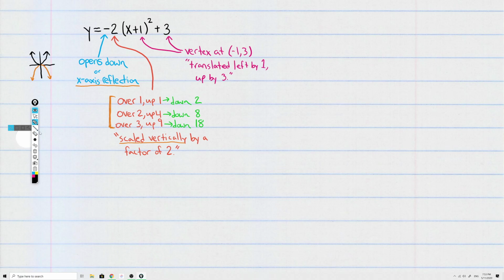So for example, let's just make one up. Let's say we want to write an equation that has an x-axis reflection.